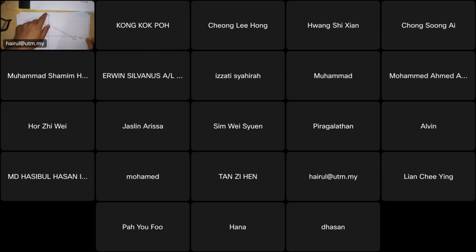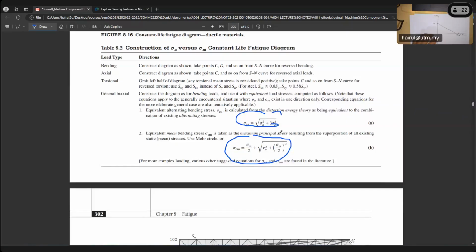When we plot sigma EA and sigma EM, in whatever case, when you do your analysis, you calculate sigma EA. Let me show you again. Like in this equation. If you see this expression, sigma EA, let me erase this back.